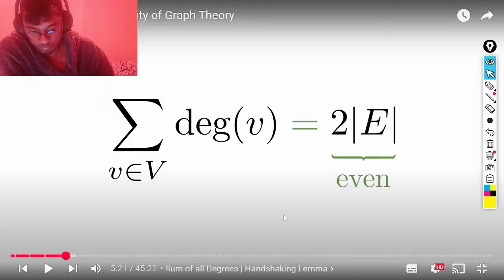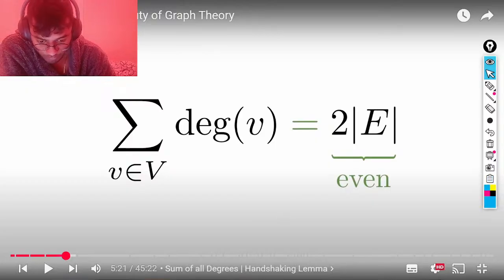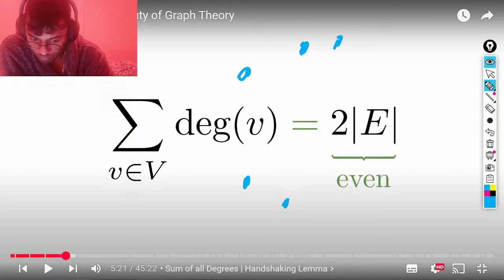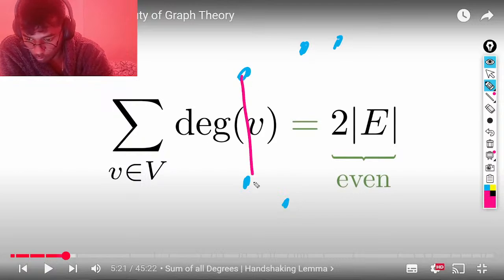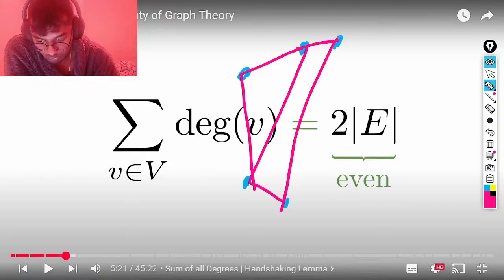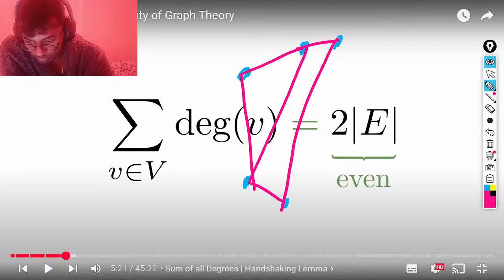Is that true? So let's say... One, two, three, four, five, six. Seven.